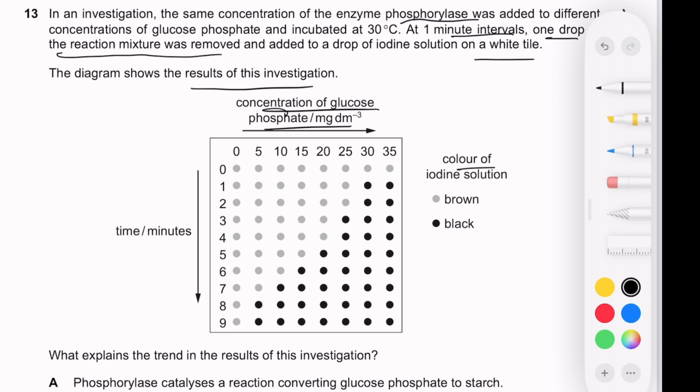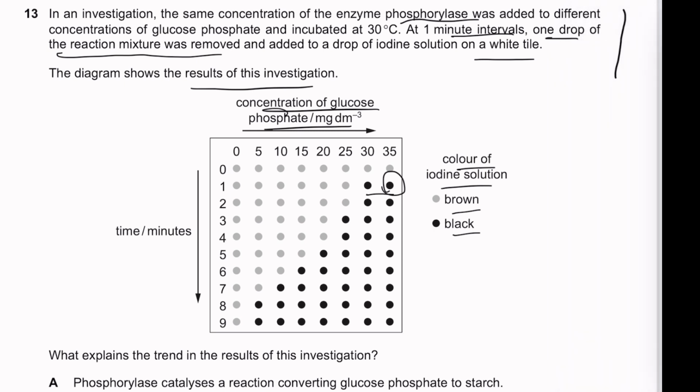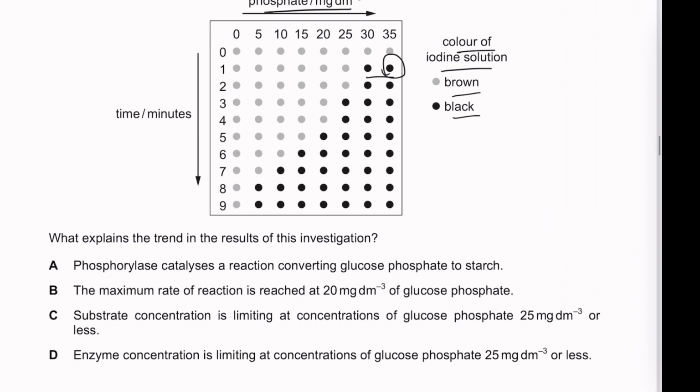The color of iodine solution is brown, and you can see here that it eventually turns black, showing that the enzyme is converting the glucose phosphate into starch, right? And as the concentration increases, the time for it to turn the glucose phosphate into starch decreases, because you can see here from the first minute, this immediately turned black at the concentration of 35 milligrams per decimeter cube.